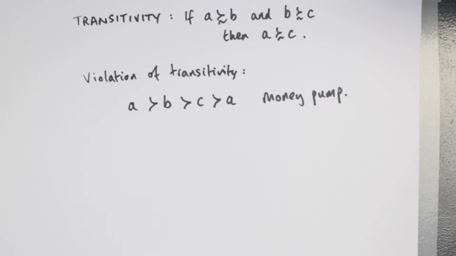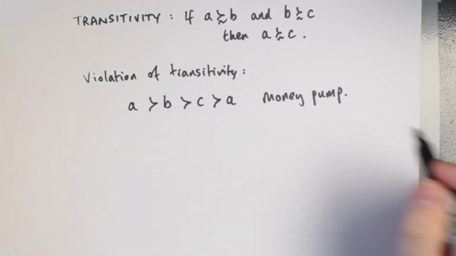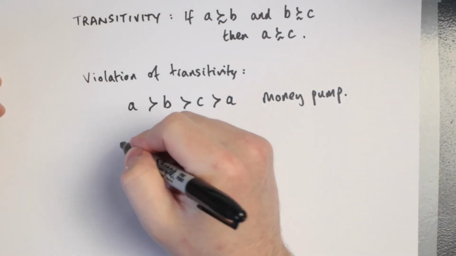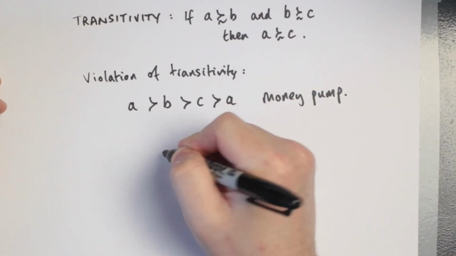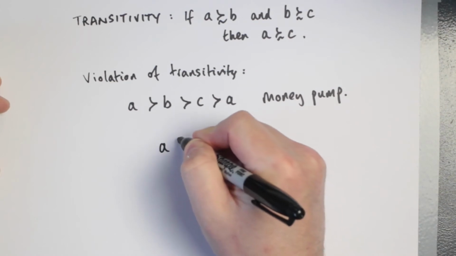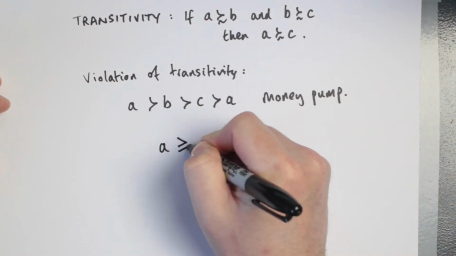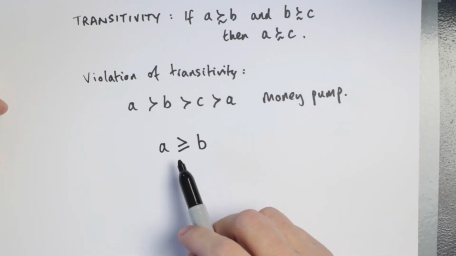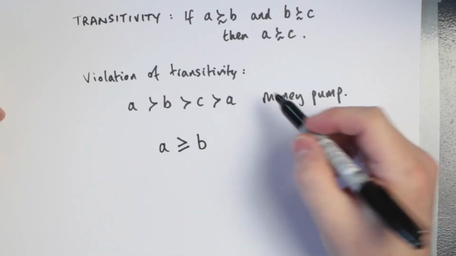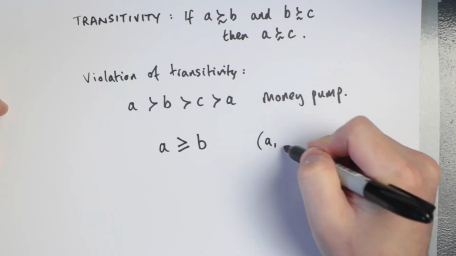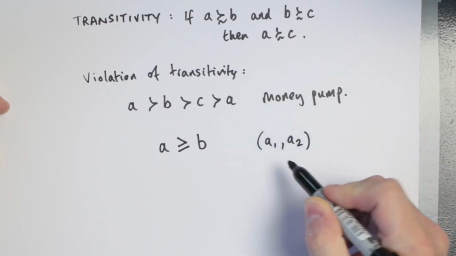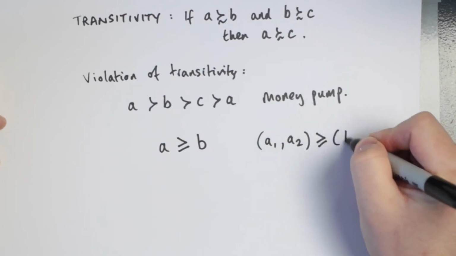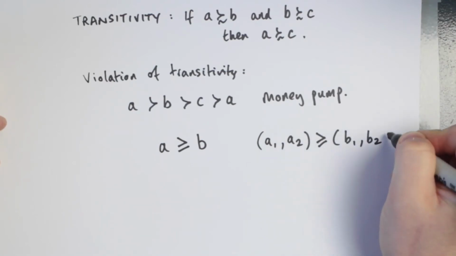So before we state the axiom, let's just quickly jump back to paper to develop some notation. To state the axiom of monotonicity, we're going to be comparing the size of bundles. When I write the bundle A is greater than or equal to the bundle B, now remember, these are two-dimensional objects. So what I'm saying is that this two-dimensional object A1, A2 is in some sense greater than this object B1, B2.